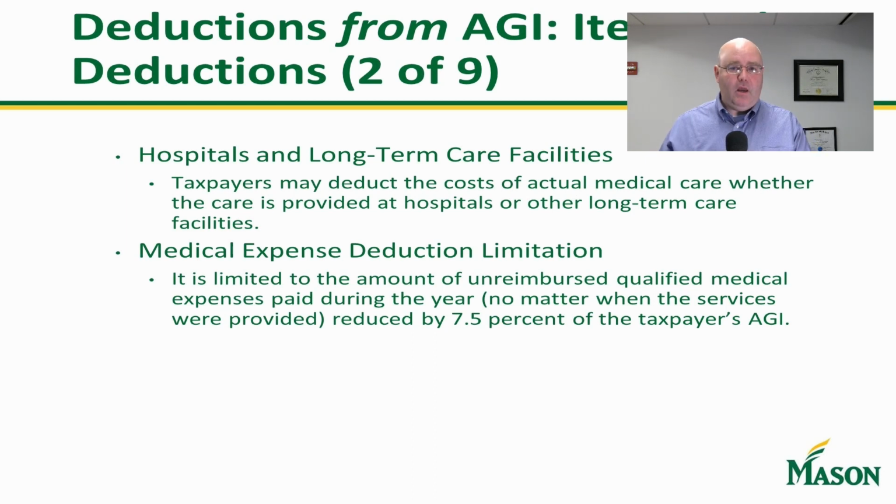There's Part B, which you pay into based on how much money you receive in Social Security. And then there's Part C, which is a medical insurance plan that you can buy through authorized Medicare plans. That's what's called supplemental, and that's what's going to take care of the gap that Part A and Part B will not take care of. And then there's Part D, which is your drug coverage.